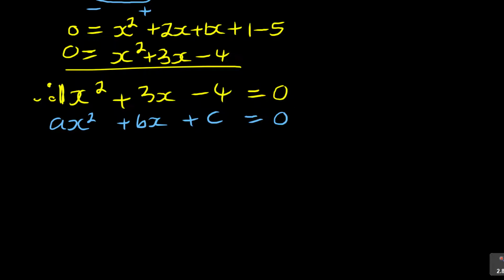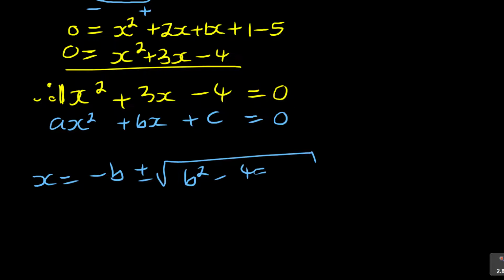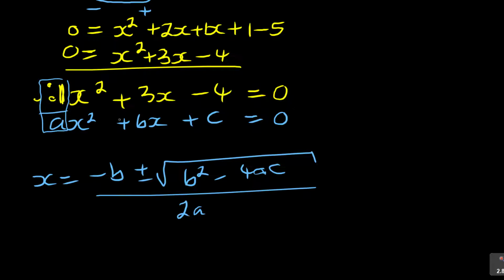It's x is equal to minus b plus or minus square root of b squared minus 4ac all over 2a. You see? Then you start to check what is my a. You see, a is 1 there. You cut at x, but don't forget the signs. B, there you cut, don't forget the signs.